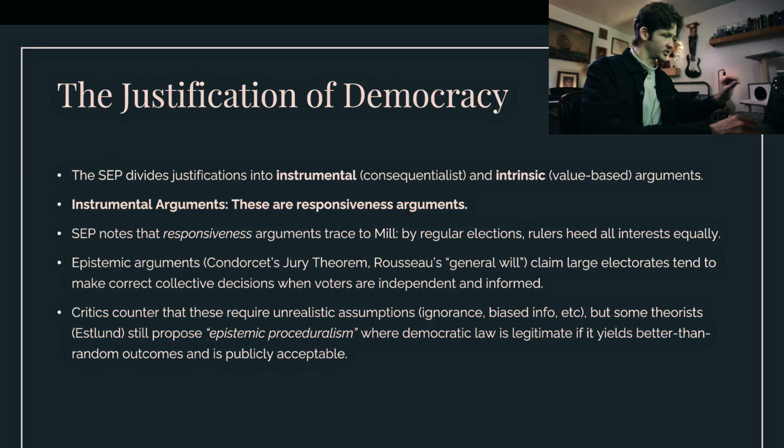You need to remember that. And then the intrinsic are more value-based arguments, so those would be more biased types of arguments. We're going to explore instrumental and intrinsic-based arguments throughout the rest of this PowerPoint, and that's basically how the SEP defines democracy. You just need to understand that as we progress forward. It'll make sense as we push forward.